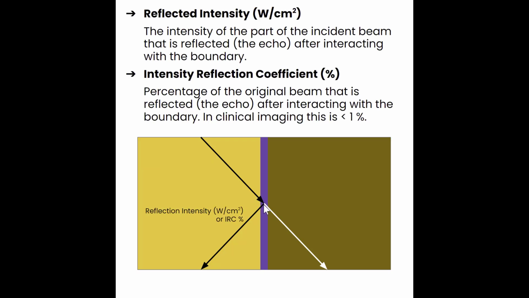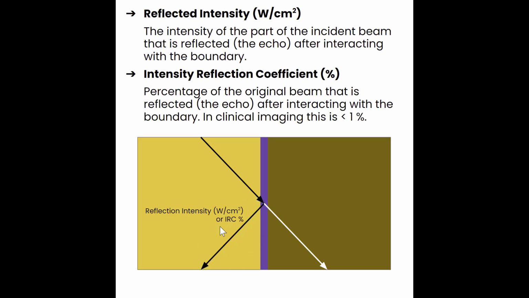Once that wave strikes the boundary, a few things can happen. Just reflection can occur, just transmission can occur, or both can occur. Focusing on the reflection part of it, whatever energy is diverted into the reflection is called the reflection intensity. So this is considered the echo, the part that is heading back towards the transducer.